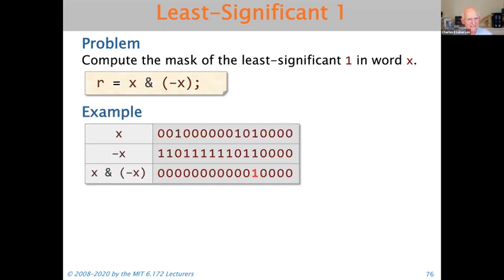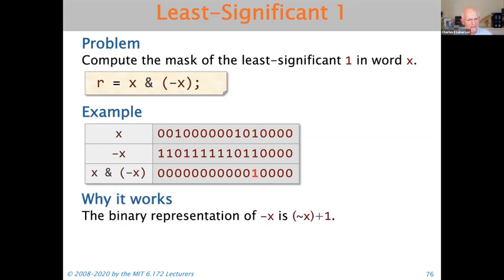Okay, so let's see. So x is the first number here, minus x is the second number. And when you add them together, you can see you get a 1 just where we want it. So why? Well, remember that the binary representation of minus x is the complement of x plus 1.